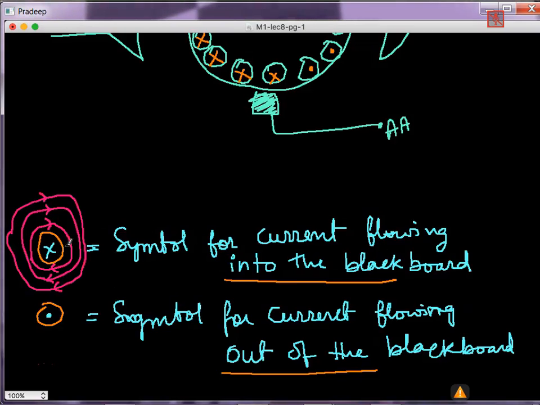If you want to send a screw into the blackboard, you rotate the screw in this clockwise direction. So this is the clockwise direction of field due to current.